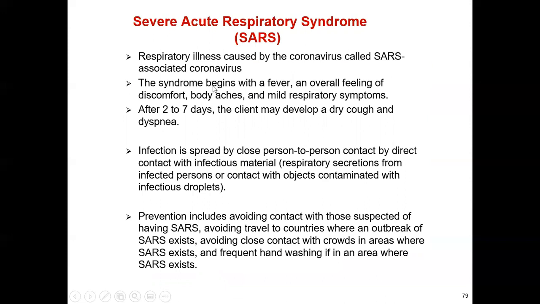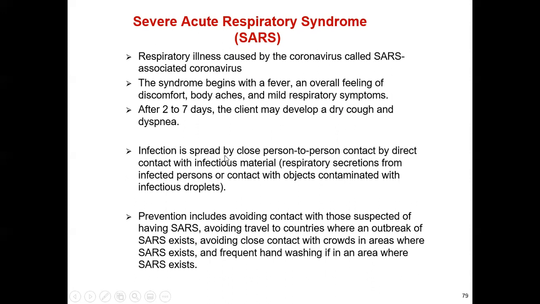The syndrome begins with fever, an overall feeling of discomfort, body aches, or mild respiratory symptoms. After 2 to 7 days, the client may develop a dry cough, dyspnea, and shortness of breath.